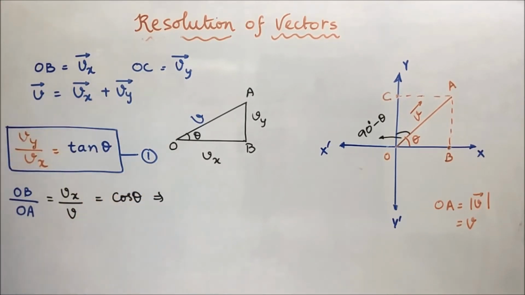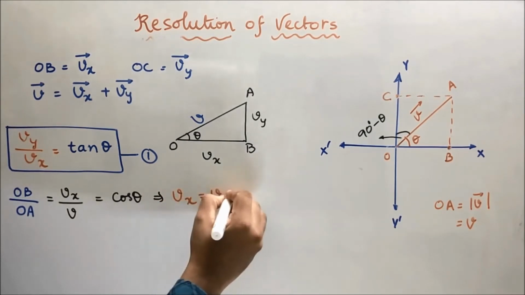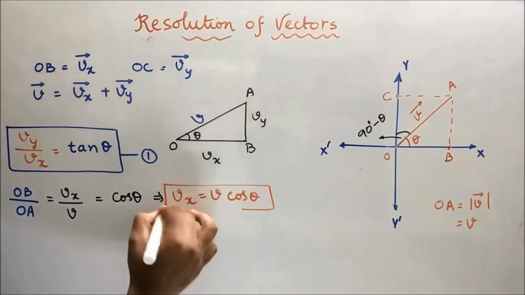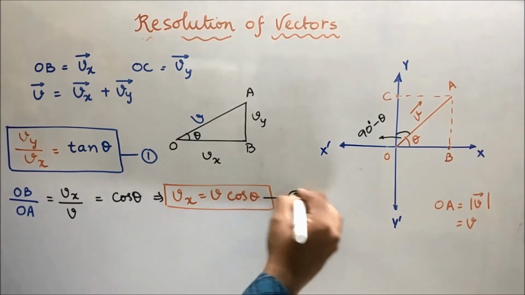Hence I can write Vx is equal to V cos theta. This is equation number 2.